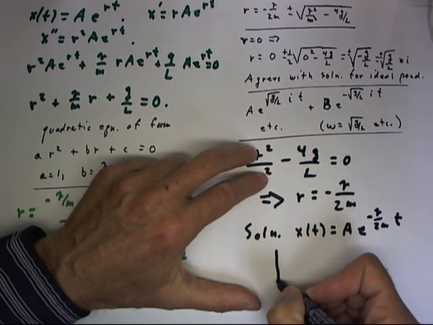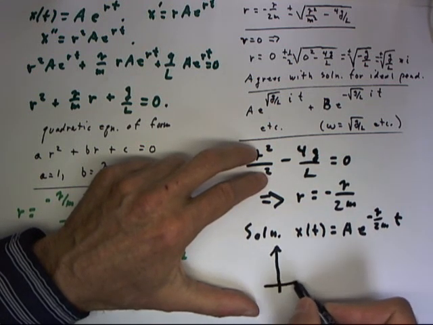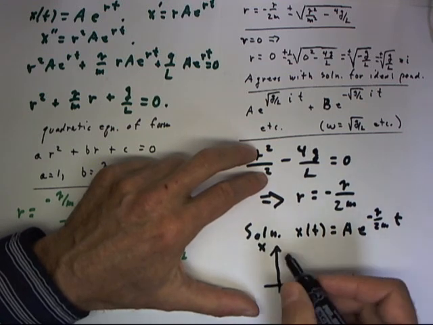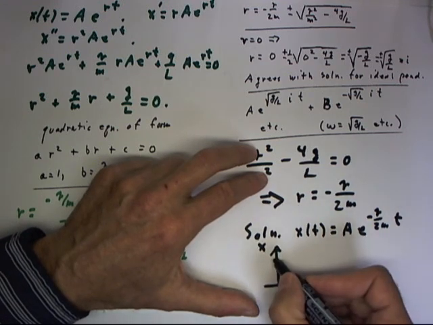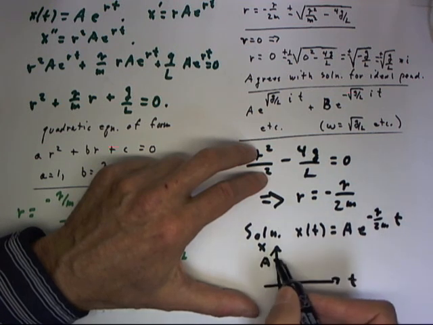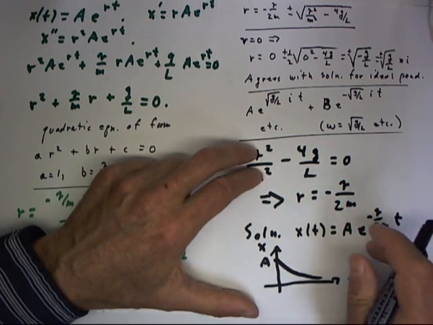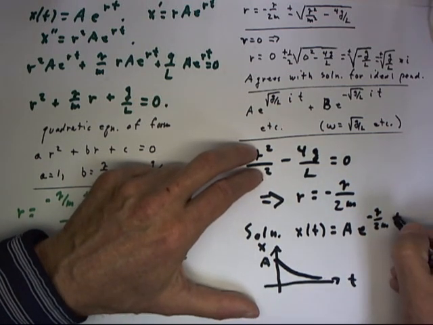If we draw the graph of x versus t, we start at x equals a and simply decay exponentially with some time scale that's easily determined here.